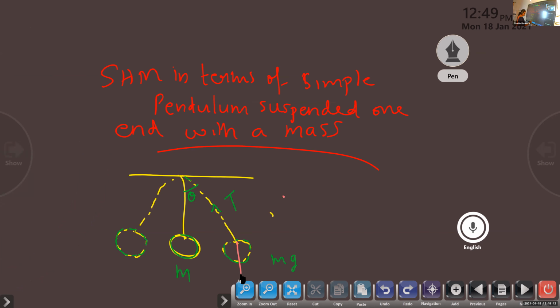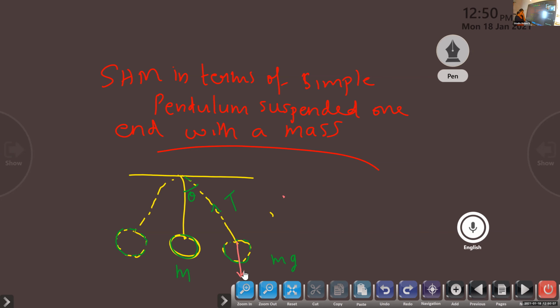It's the resultant vector, and it is resolving into two components: mg cos theta and mg sin theta. You remember resolution in volume 1, vector components. The same we are using here.